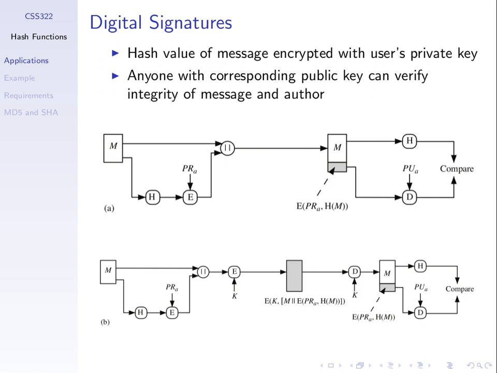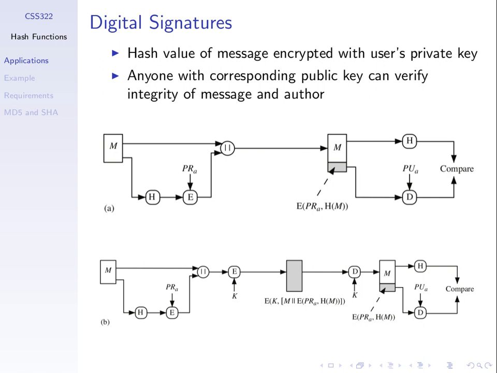So the approach is we take our message, take the hash of that message, and our hash function takes a variable size input and produces a fixed, normally small sized output. Let's say the hash value is 256 bits, and we encrypt the hash value with the private key of A. So the signature now is just 256 bits.